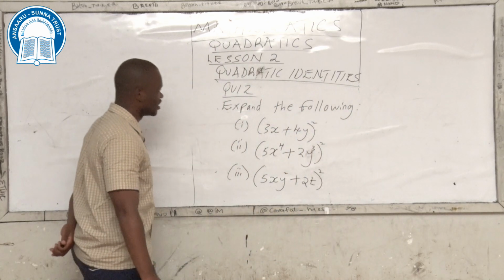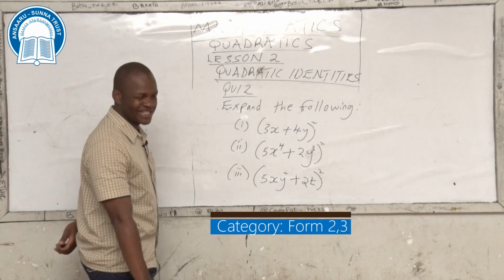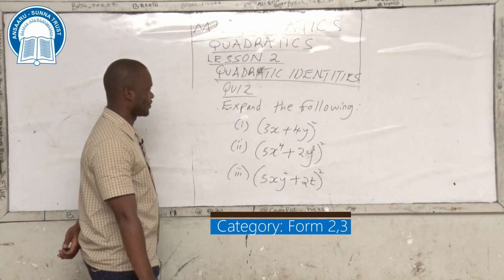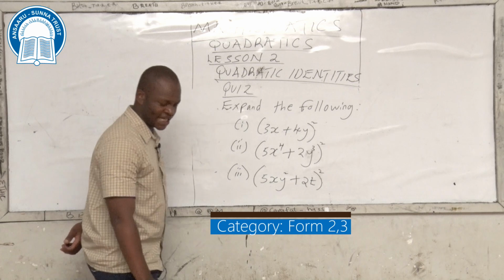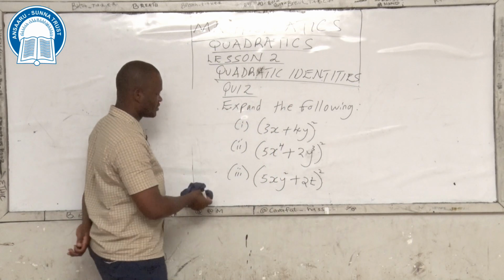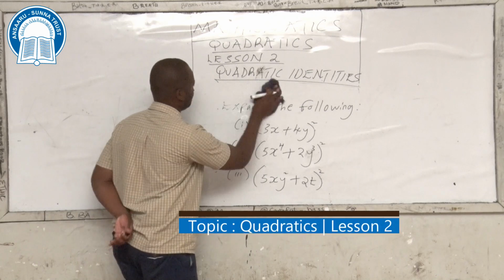So we're done with that. We go to quadratic identity number 2.